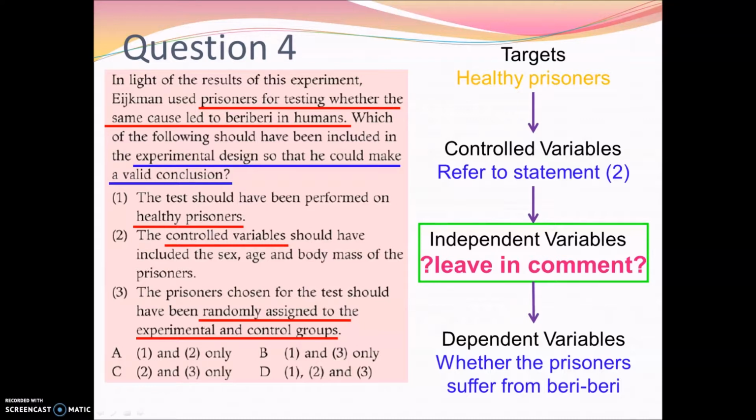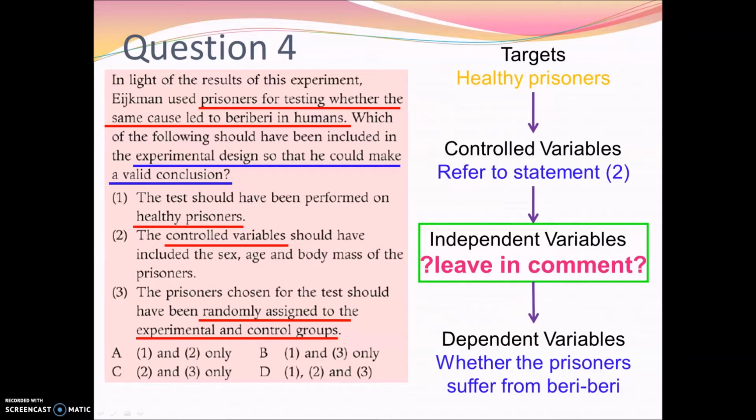So that's why for the CV we need to pick up all men prisoners, maybe their age all 30 years old, and then all the body mass, maybe a range, but most likely maybe 50 kg, something like this. So we need to keep those factors constant in the prisoners.